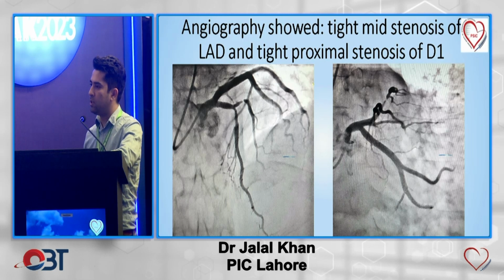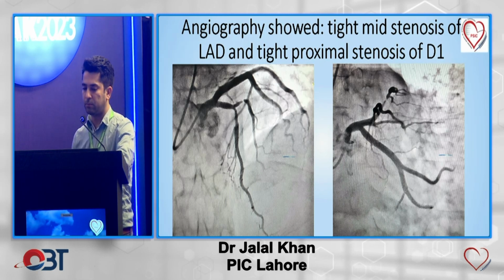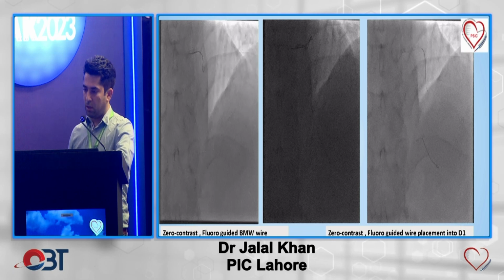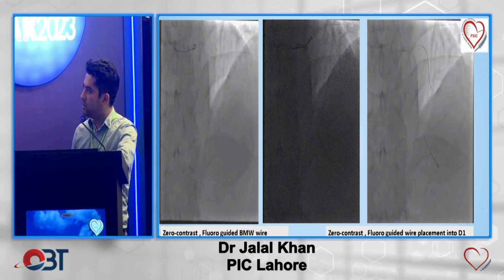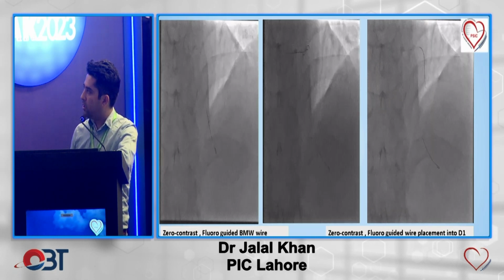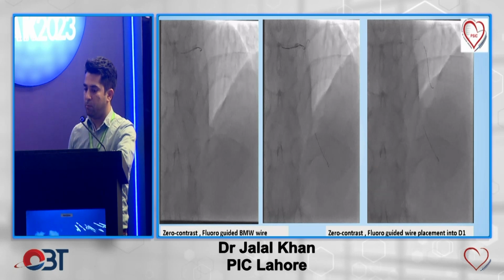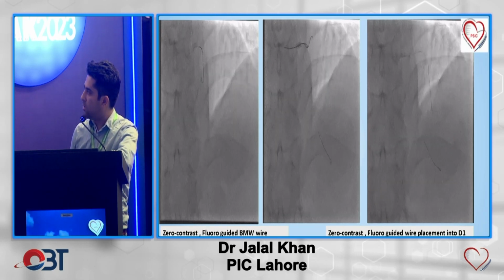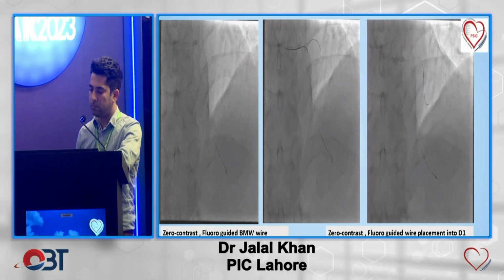That was the strategy opted for this patient. Without any contrast, under fluoro guidance, a BMW wire was placed distally in the LAD, and a second BMW wire was placed in diagonal 1.